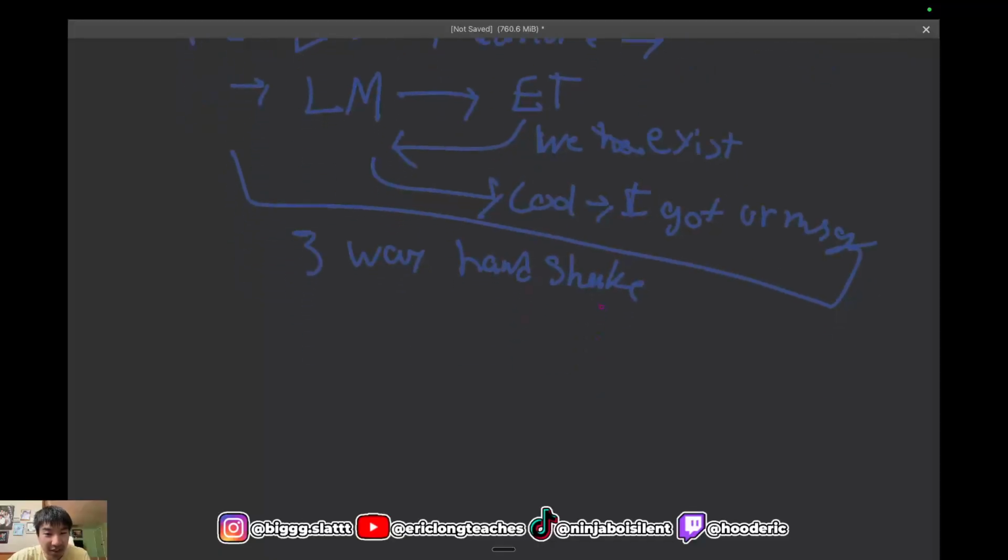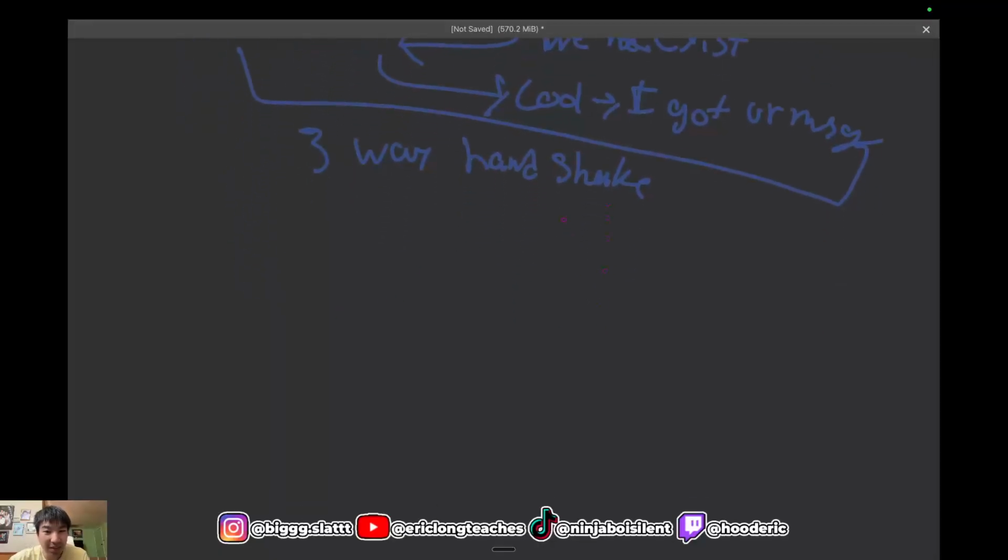Once this is established, the server will send an HTML file, which is basically just a file with a bunch of instructions, over to your local machine.